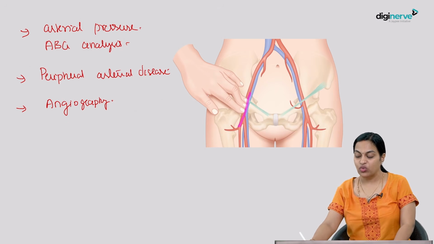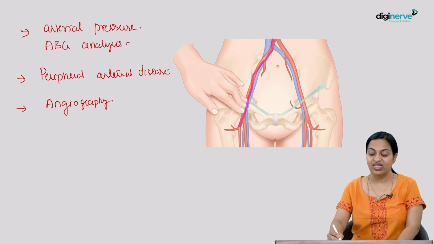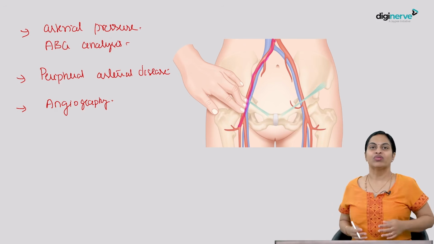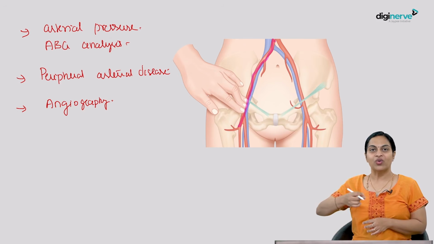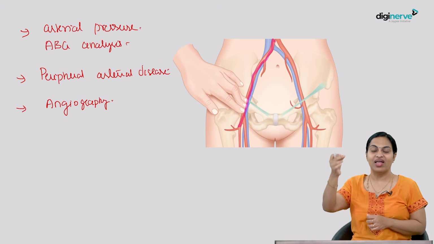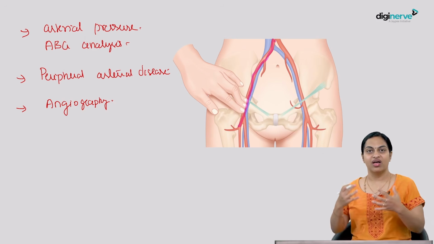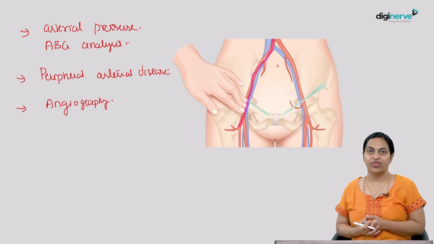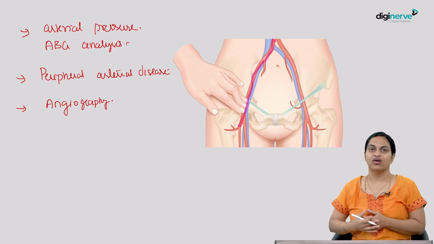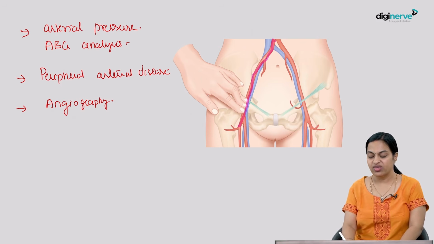It will pass through the external iliac, through the common iliac, and reach the abdominal aorta. If we trace it further, it becomes continuous with the arch of aorta and then the ascending aorta. And the coronary arteries are branches from this ascending aorta. So you can inject a contrast material and identify where the block is, for angiography and angioplasty procedures.